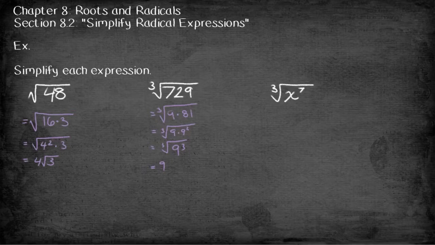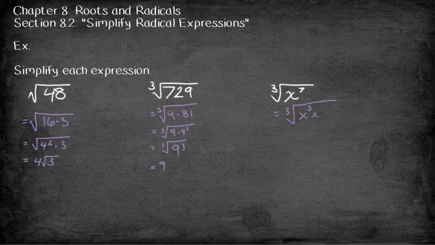For variables, it does work a little bit differently. Basically, if the power of the variable is larger than the index, then we use as many multiples of the index as we can without going over. So here 7 is bigger than 3.